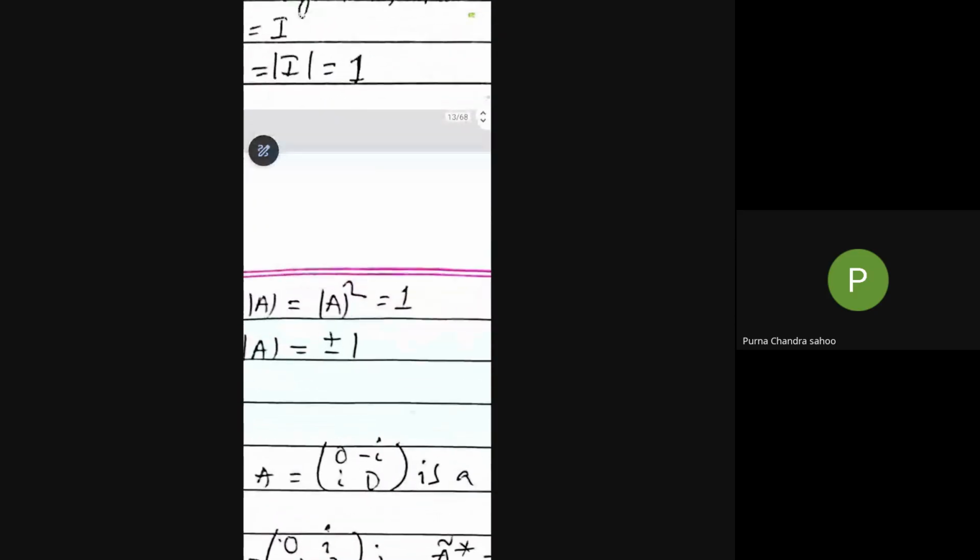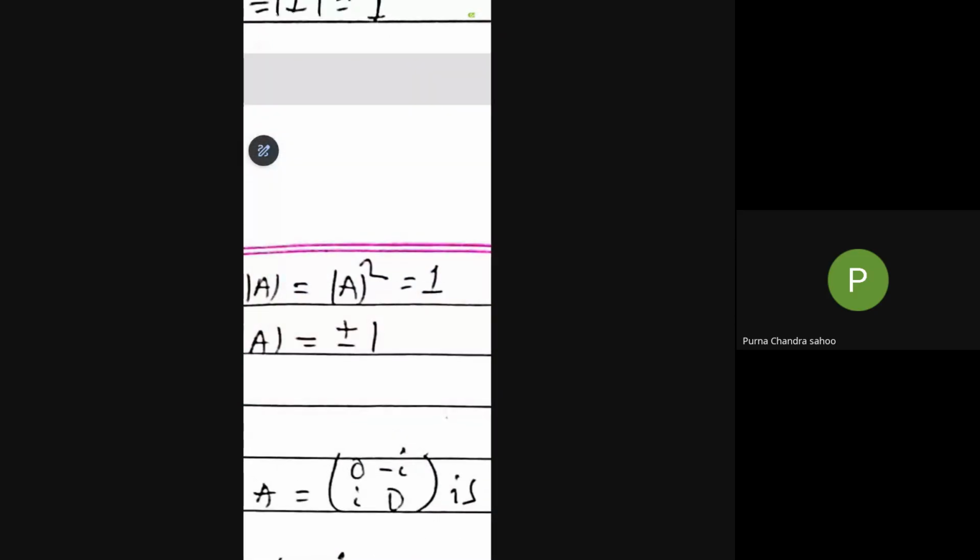So here A is equal to [0, -i; i, 0]. So the complex conjugate will be [0, i; -i, 0]. Then its transpose will give you the Hermitian conjugate. Are you getting it?